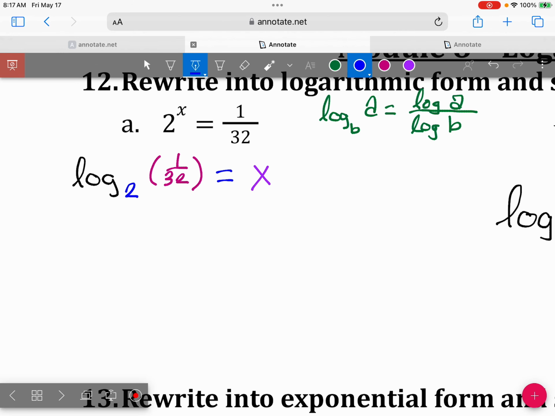So to get my actual value, we're going to take log base 2 of 1/32 and use change of base. I'm going to do common log of 1/32 over common log of 2.